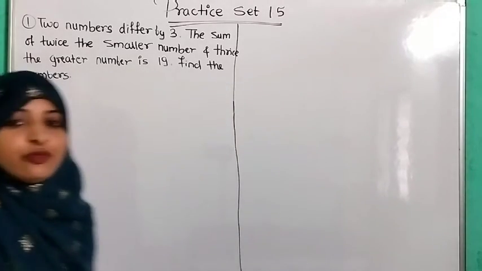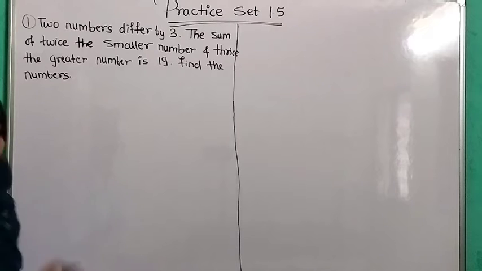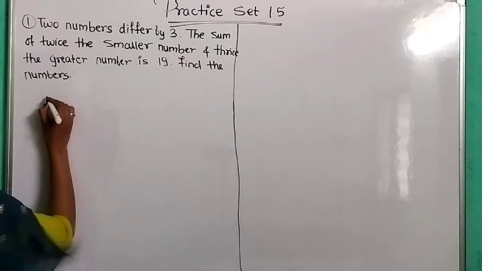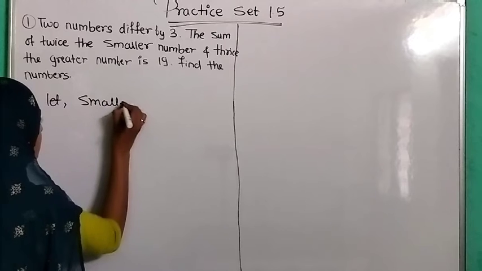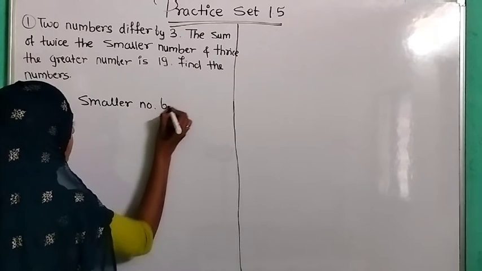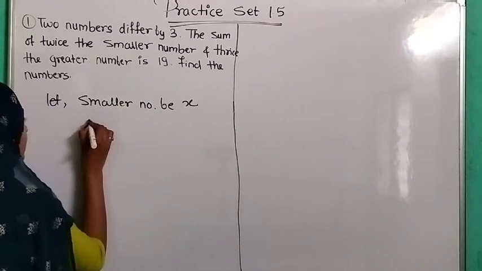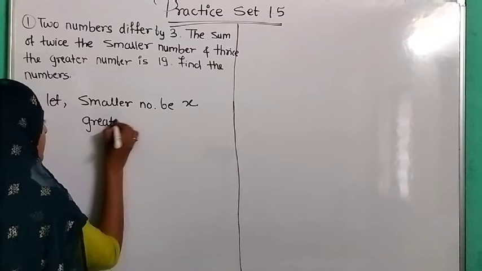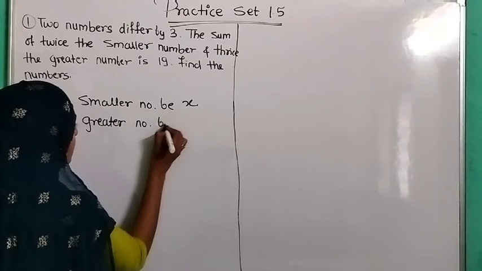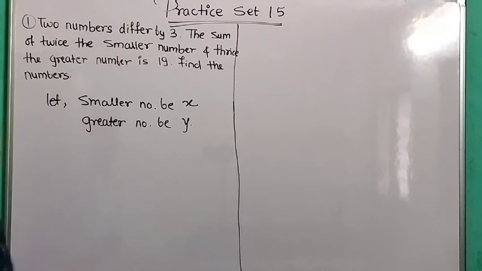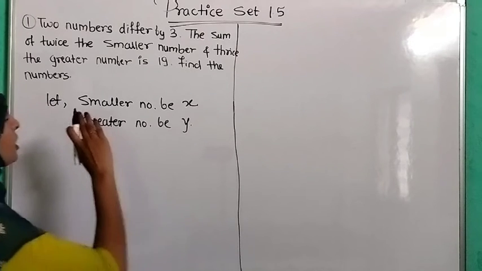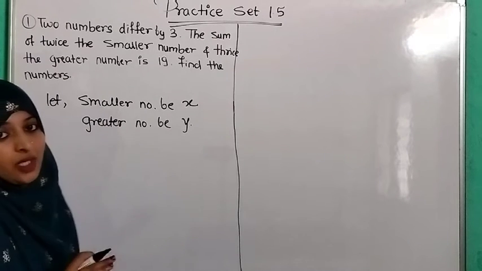First of all, we have to consider the greater and the smaller number. So let us assume, let the smaller number be x and the greater number be y. Now, according to the first condition, they said that they differ by 3.